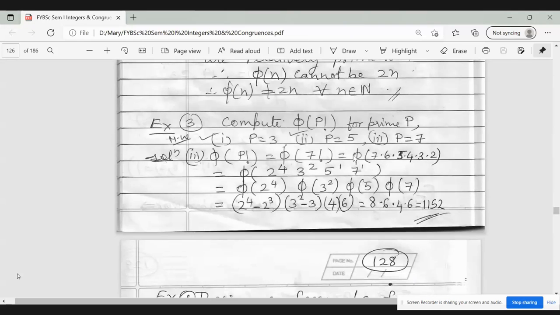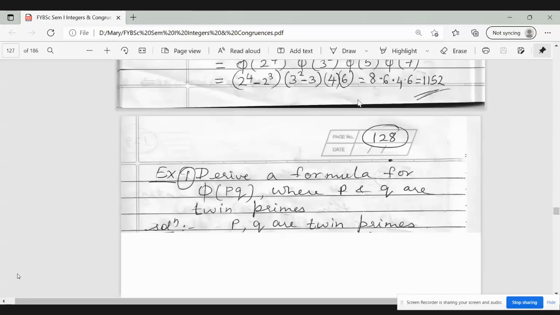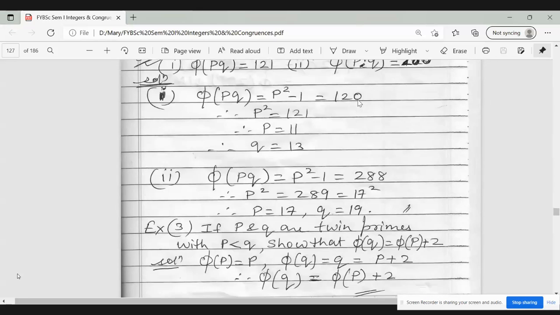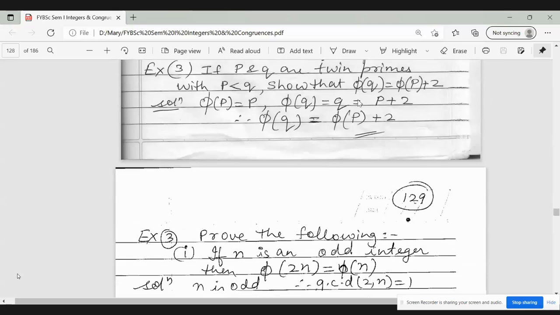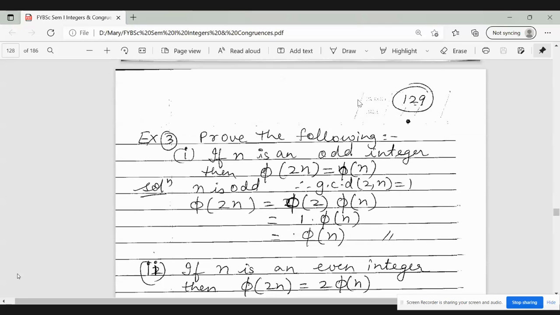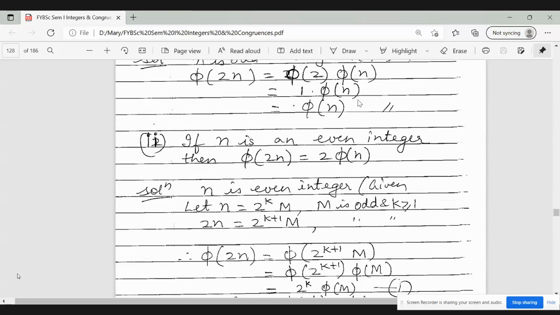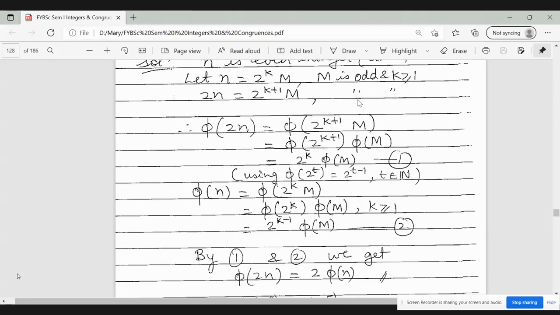So the converse part of that theorem we'll just do, and we will wind up for today. We have done this part.